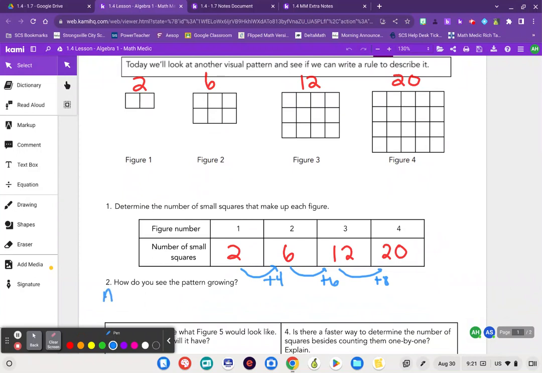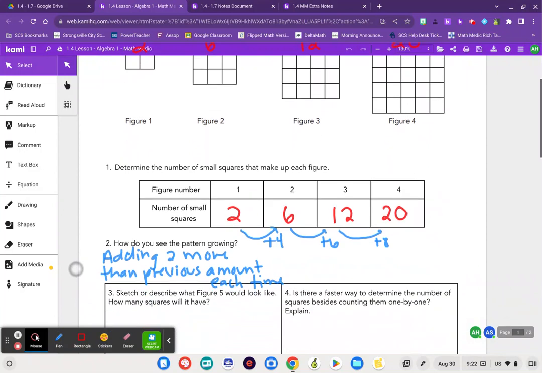I am adding 2 more than the previous amount each time. So that's one way to talk about that pattern. I'm going to come back to this.